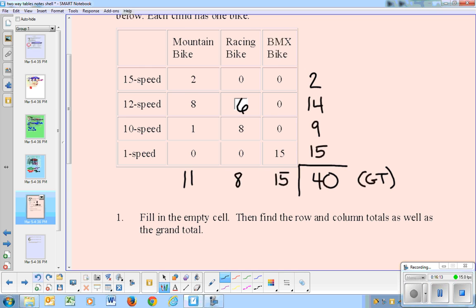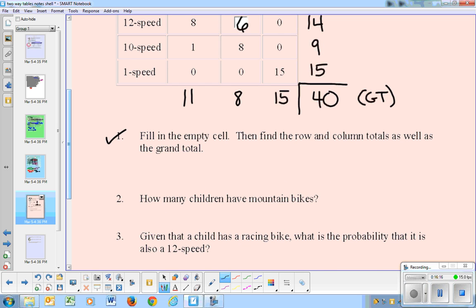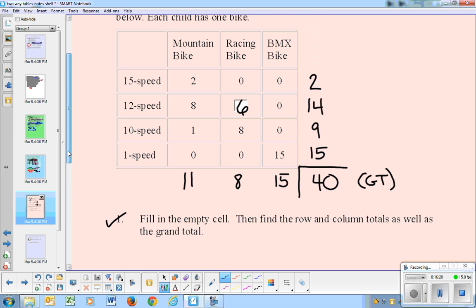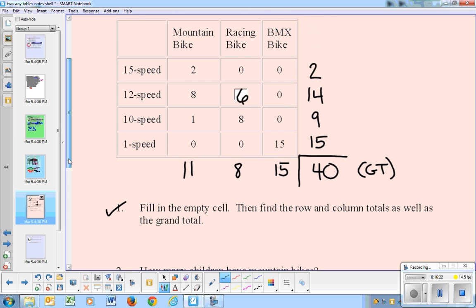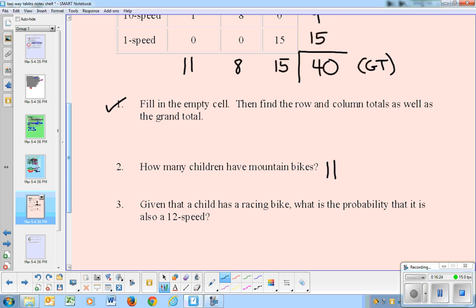For 2, it says, how many children have mountain bikes? Well, that's 11. And for number 3, given that a child has a racing bike, notice this word given, okay? So this is a conditional probability type situation. Given or assuming that a child has a racing bike. Okay, so we're looking within this column.